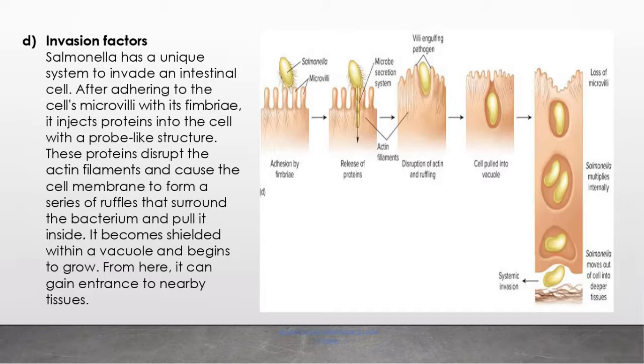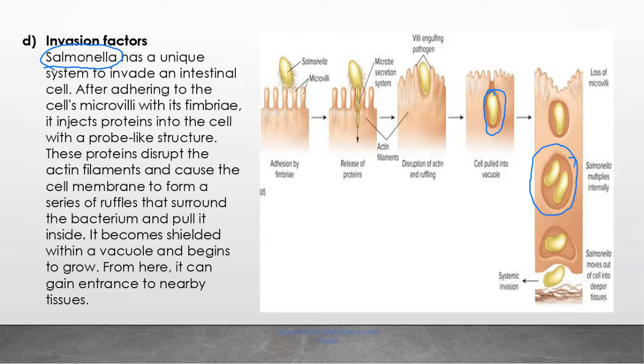The next one, okay, some bacteria, for example Salmonella, produce special proteins that actually break the intestinal cell. So whenever this intestinal cell is broken, then Salmonella will be able to enter into the cell and stay inside the intestinal cell.